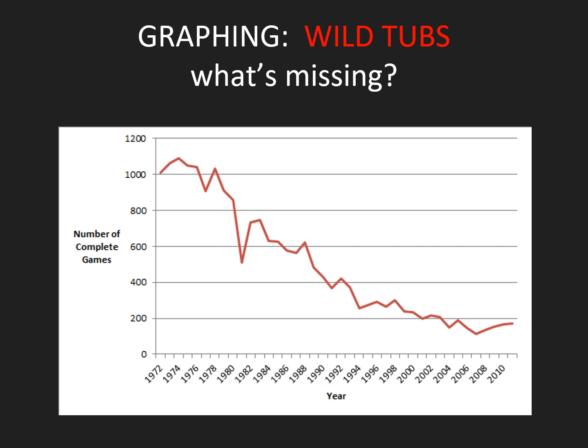So I'd say this is another one. We are missing a title. Even this label on the y-axis is pretty esoteric, I would say. Number of complete games. What kind of games are we talking about? At least with year, this makes sense.